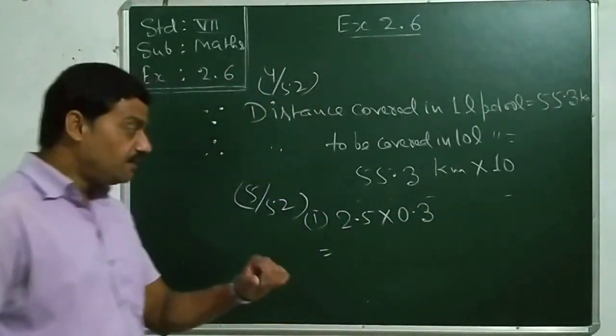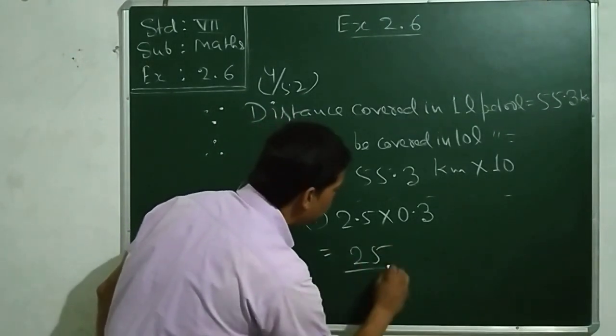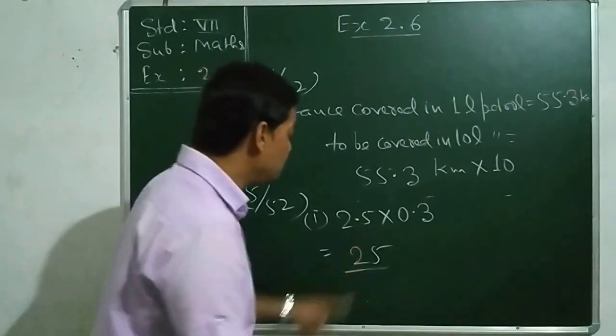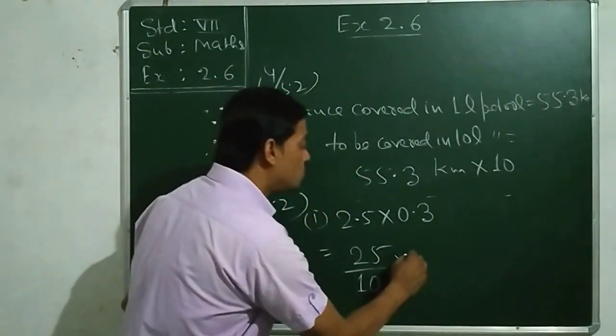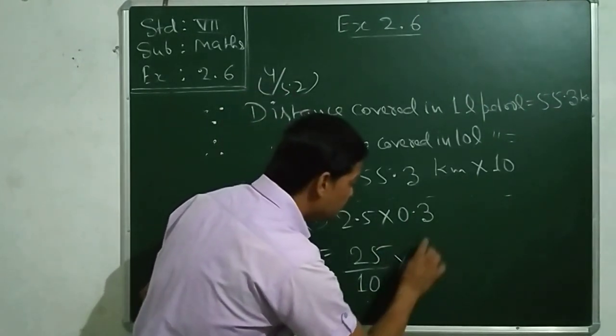To multiply them, we will write them as 25 by 10, since 1 digit was appearing after the decimal, so only one 0 after the 1, into 3 by 10, again 1 digit only after the decimal.